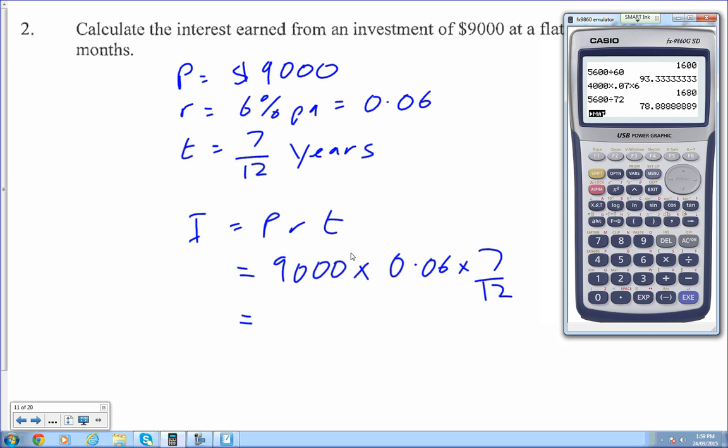So we go 9,000 times by 0.06 times by 7 over 12, and we find out we've earned $315 interest.